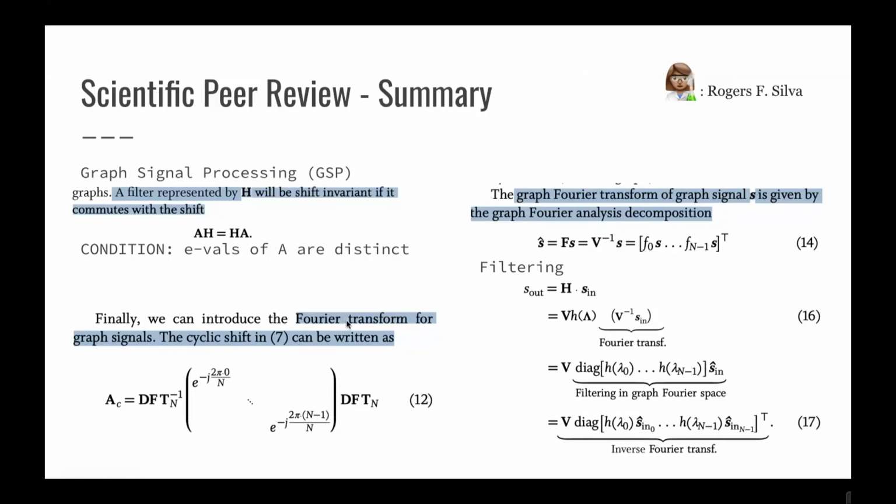And then the notion of Fourier transforms extends to the graph case by thinking of this decomposition of the adjacency matrix into the Fourier transform. Basically, this is like a singular value decomposition of the adjacency matrix.